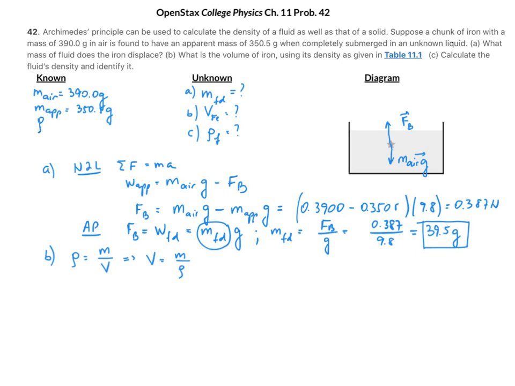And density of iron is 7,800 kilograms per cubic meter. So then the volume will be 0.3900 kilograms divided by this large number, 7,800, and we end up with 5 times 10 to the negative fifth cubic meters. So this is the volume of iron.